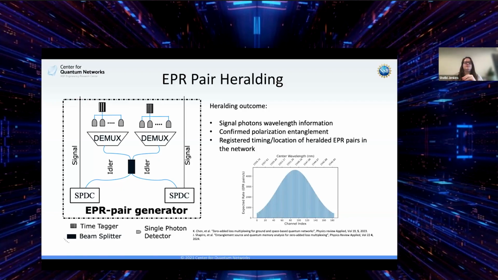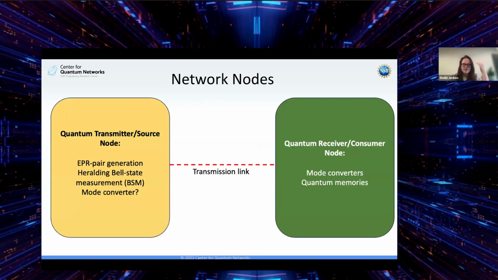But okay, so once we have heralded our EPR pairs, then we can send them on into the network and try and satisfy what we call consumer node requests. So our basic design for a network is we have a quantum transmitter or a source node, and this has an EPR generation. It does the Bell state measurement.